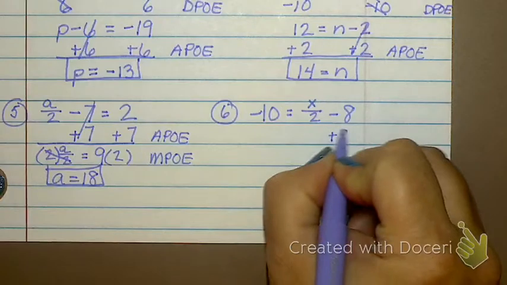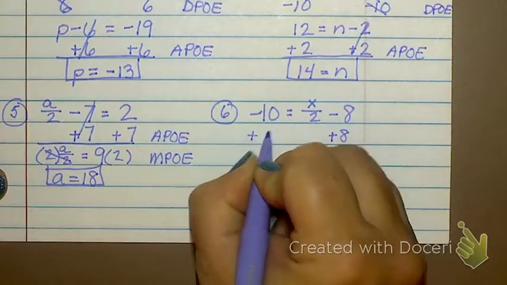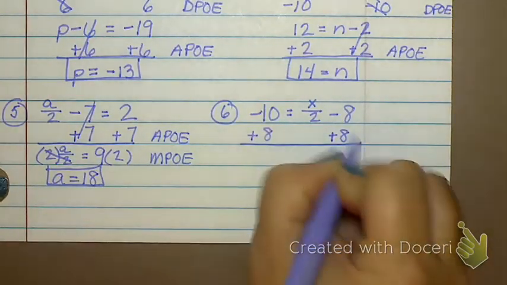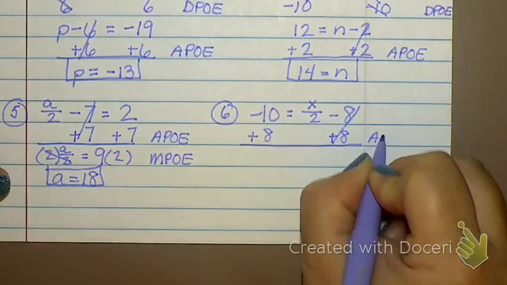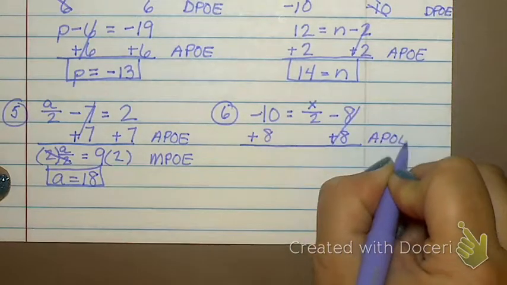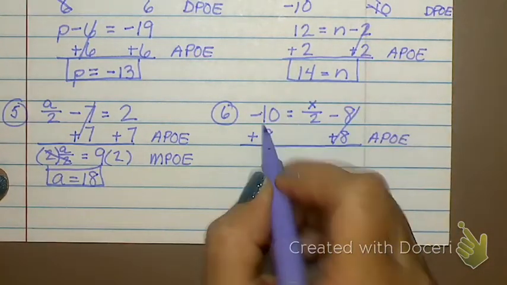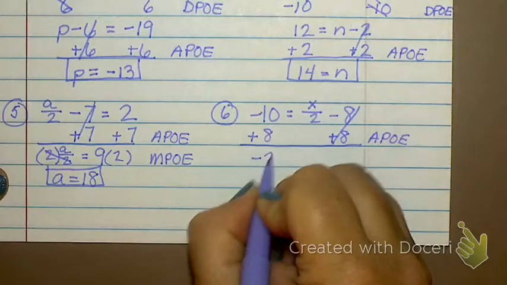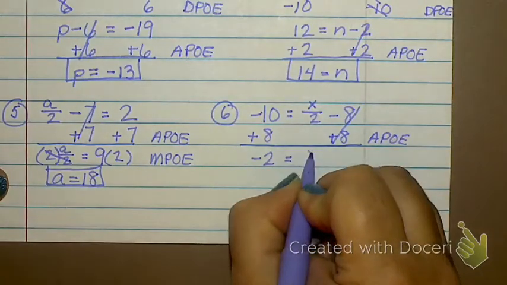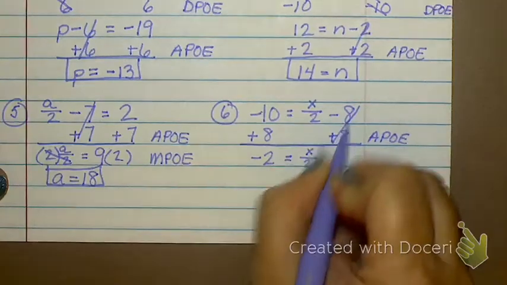Add 8 because it's a like term with that 10. What property is that? Addition property of equality. Negative 10 plus 8 is what? Negative 2 is equal to x over 2, and those 8's cancel.